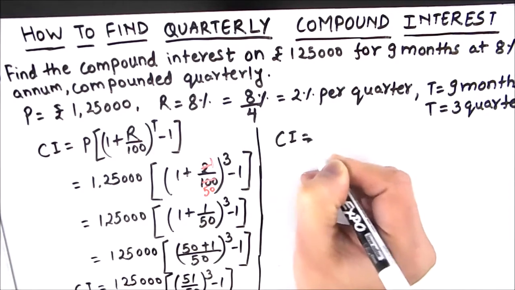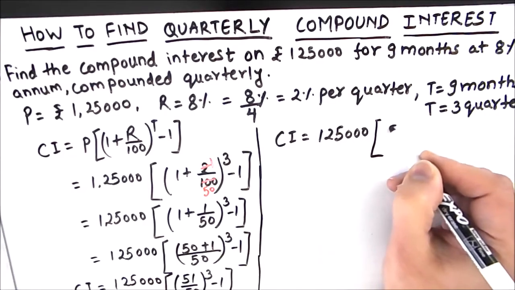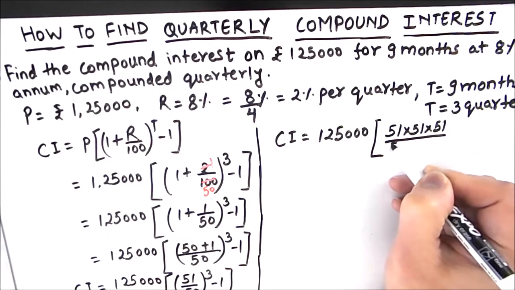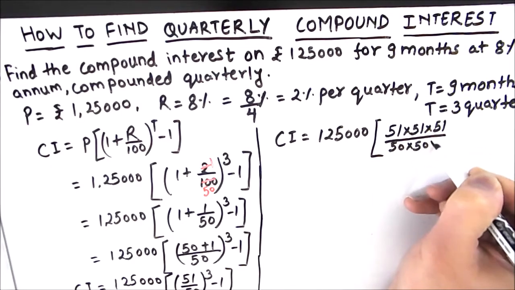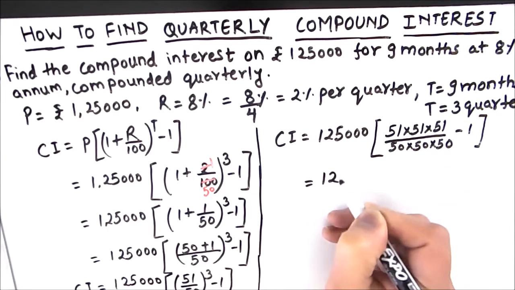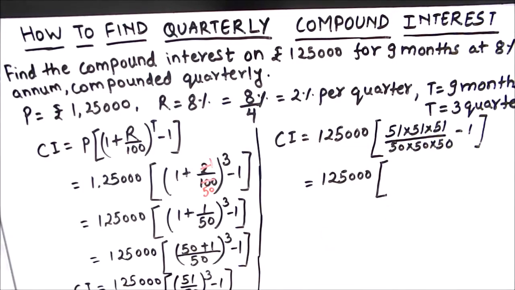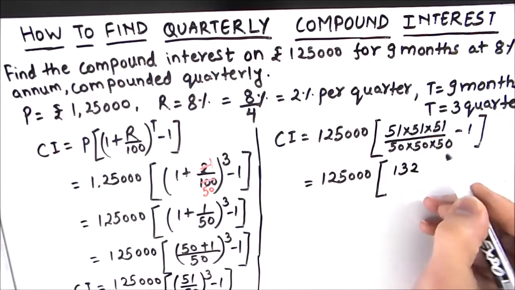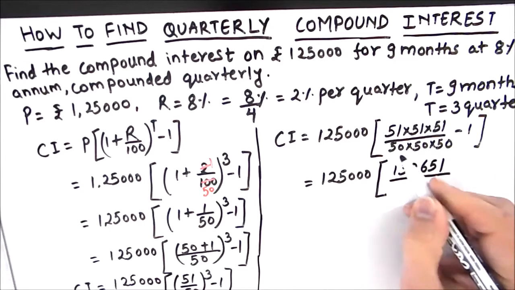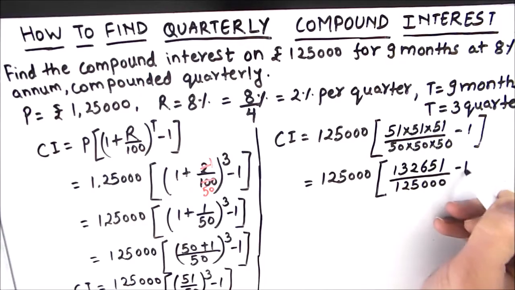Compound interest is equal to 1,25,000, here we will do 51 cubed upon 50 cubed, minus 1. So this is going to be 1,25,000 times, 51 cubed is equal to 1,32,651, divided by 50 cubed, 50 times 50 is 2500, 25 times 5 is 125,000, minus 1.